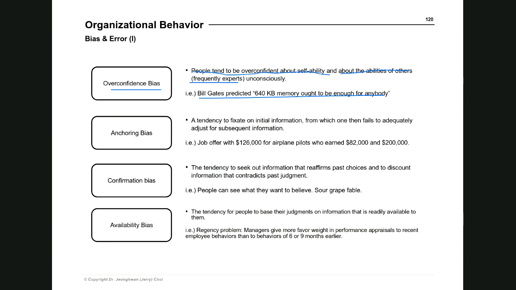He thought and he said it, and everybody believed his word. Then many software engineers designed many Microsoft-related programs based on the 640 kilobyte limit of the RAM.